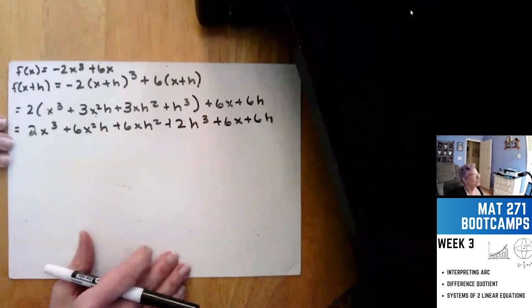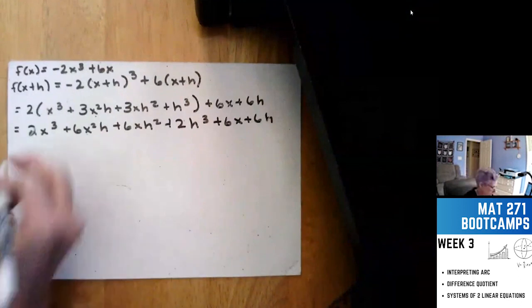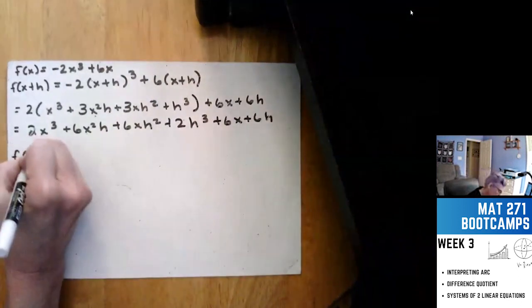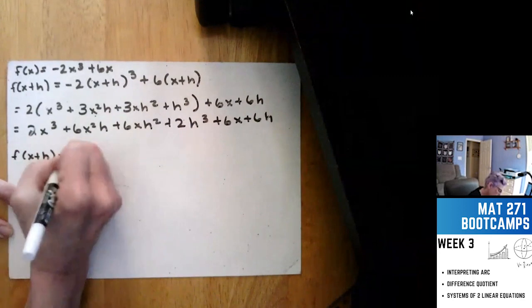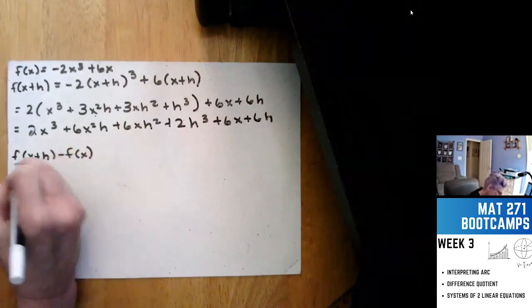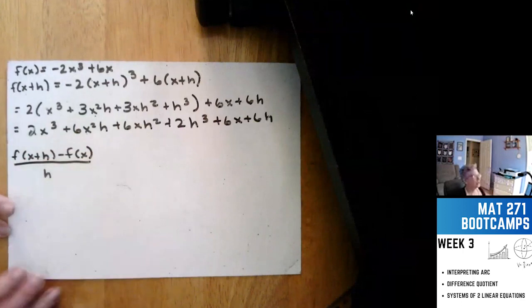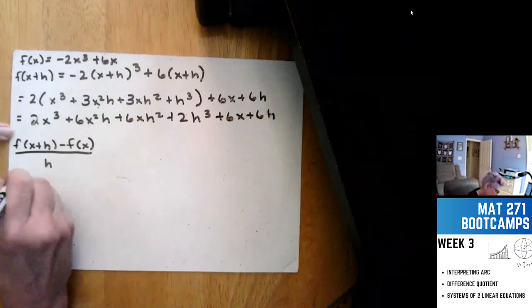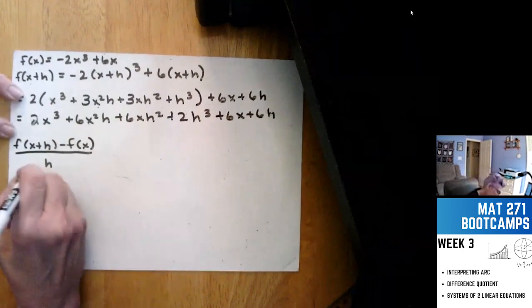Let's do that cubic one. Pretty sure I wrote it sideways, so I'd have room. So again, f of x plus h minus f of x over h. Do my best to write small enough.